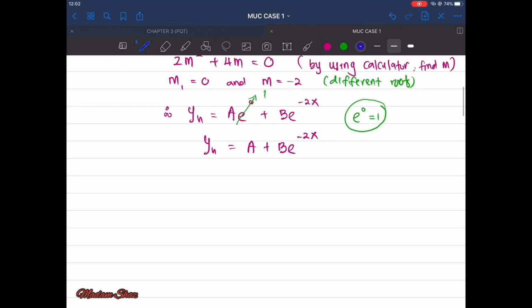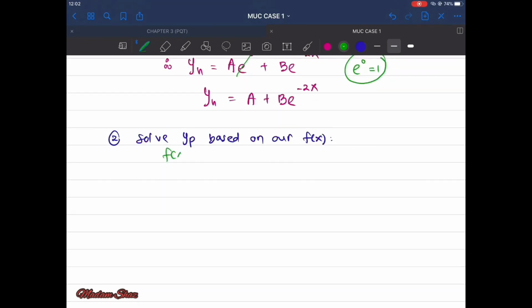So now proceed to step number 2. Solve yp based on our f(x). Our f(x) on the right hand side is equal to 3x squared plus 5x. So how to write your yp based on this f(x)? Refer to the highest power of x here, which is x to the power of 2.